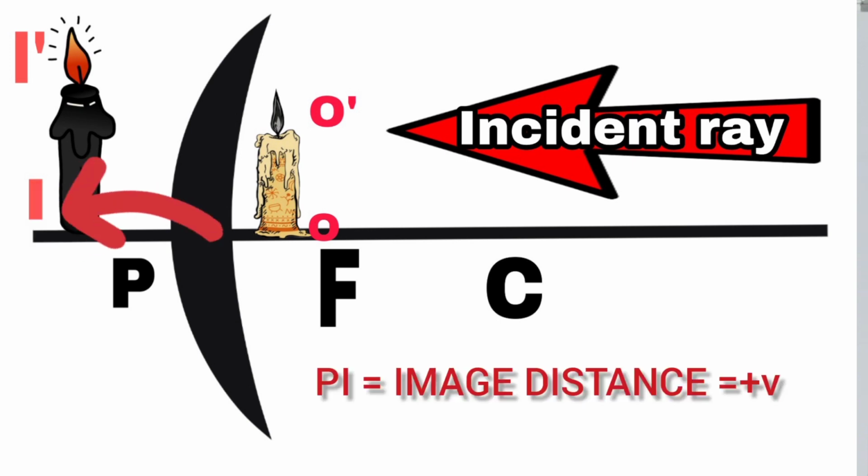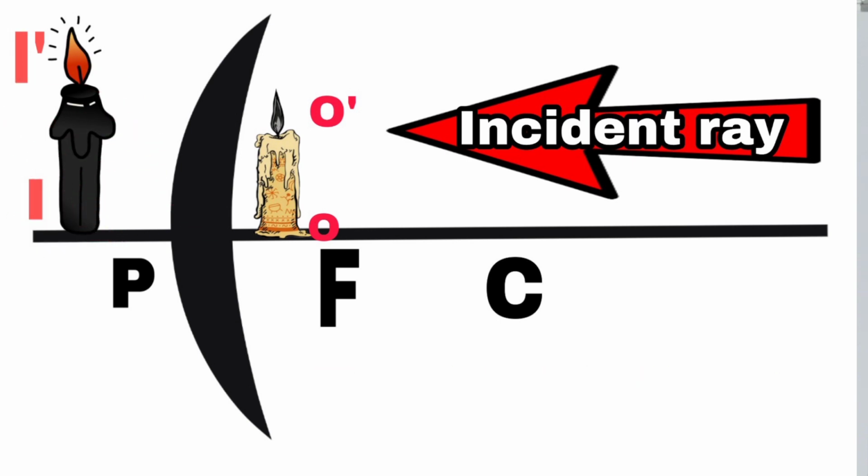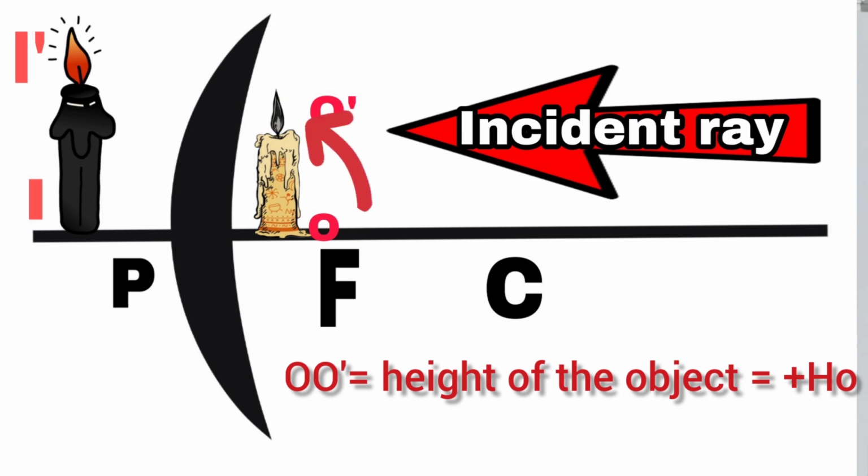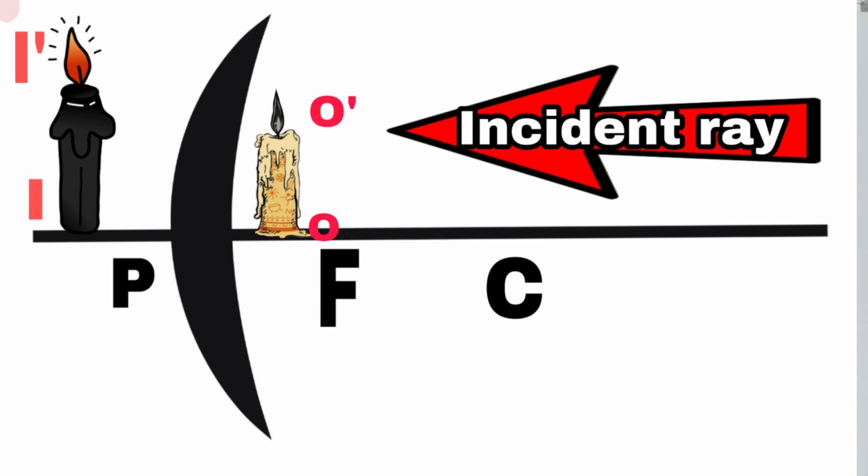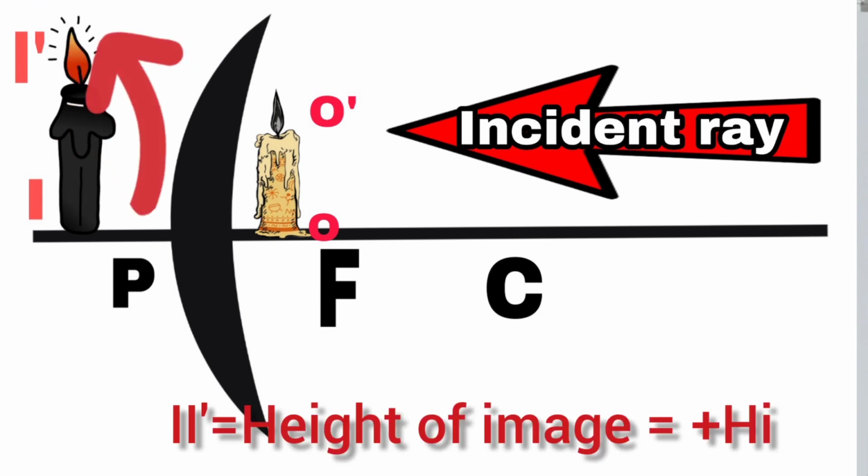The height of the object lies above the principal axis, so you should take the OO dash value as ho. The height of the image I dash, which is equal to hi, since it lies above the principal axis, you should take as a positive value.